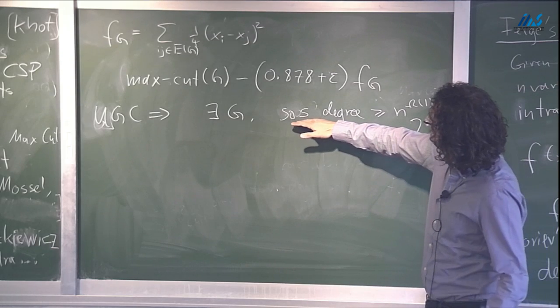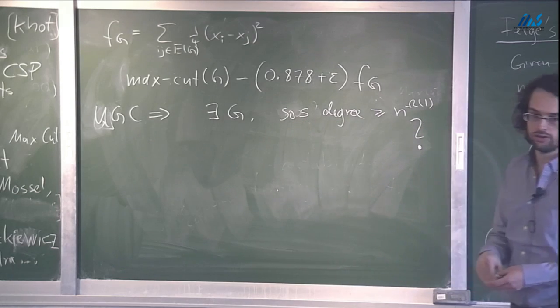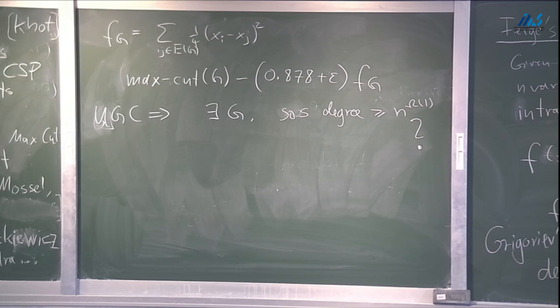Here in these sum of squares certificates, your freedom is that you can either allow degree 2 certificates or larger degree certificates. On some level, that corresponds to the running time that you're willing to spend to find the certificates.